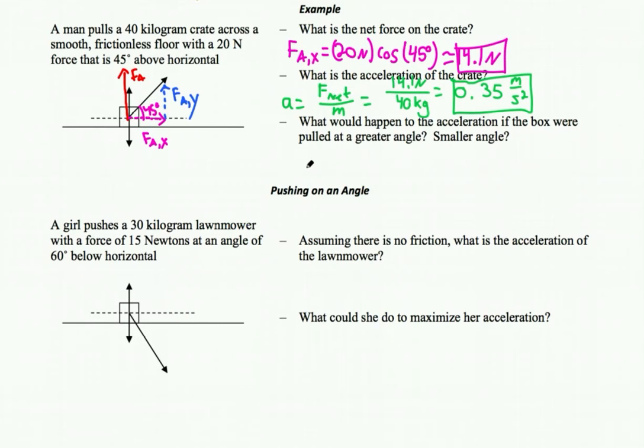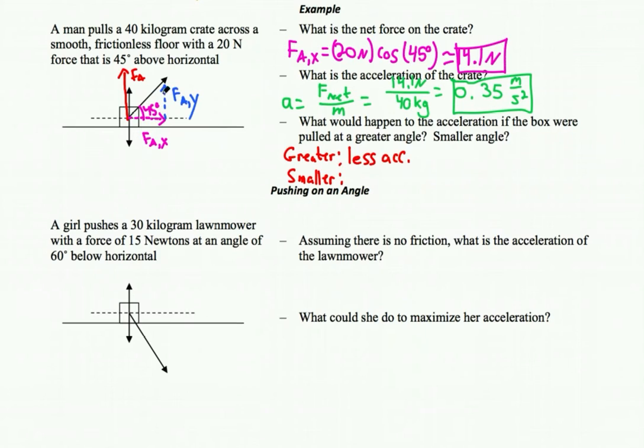So if it was going at a greater angle, I would have 0 acceleration. So 0 would be the max, right? At a greater angle we would have less acceleration. You can think about in between, where we've got it now at 45, and the extreme case, we would just have less and less of a horizontal component.